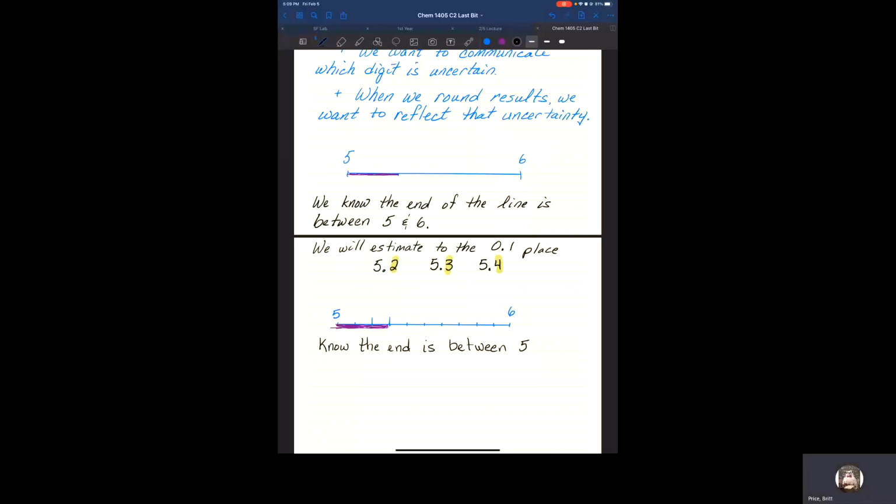So I know it's between 5.2 and 5.3. Since I know to the 0.1 spot, I'm going to estimate the next spot over. So we're going to go to the 0.01 place.